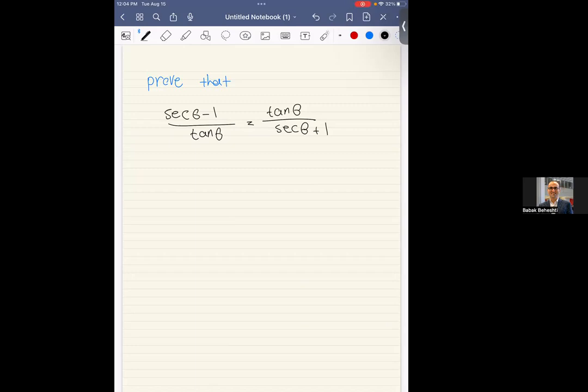The shortcut here is you can cross multiply. It becomes very easy. I can do it in many ways actually, but the shortest way is to cross multiply. So you have to prove that tangent square theta equals secant theta minus 1 times secant theta plus 1, right?